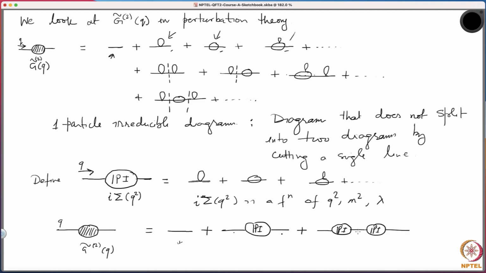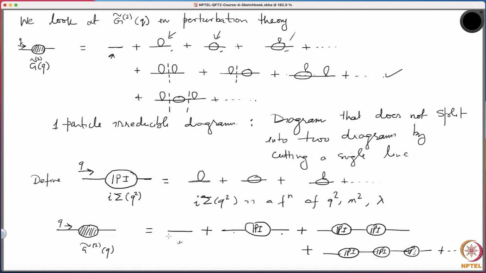Here, if you cut this line, it falls into 2, and this is how these diagrams are. Then of course you'll have, and so forth. Okay. So let's write it down. You have momentum q flowing into it.